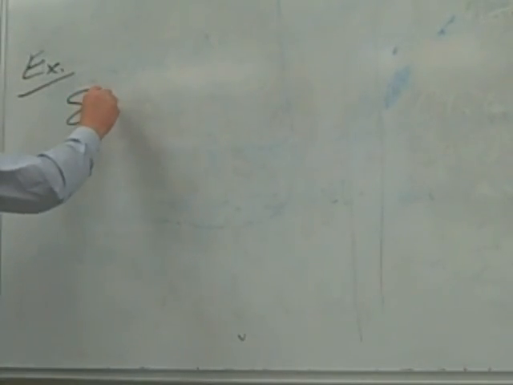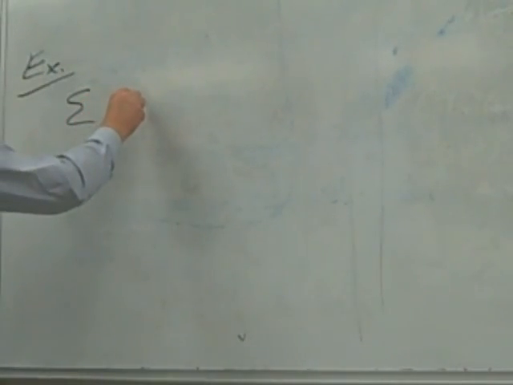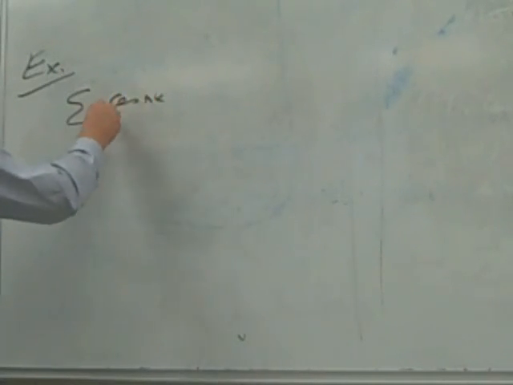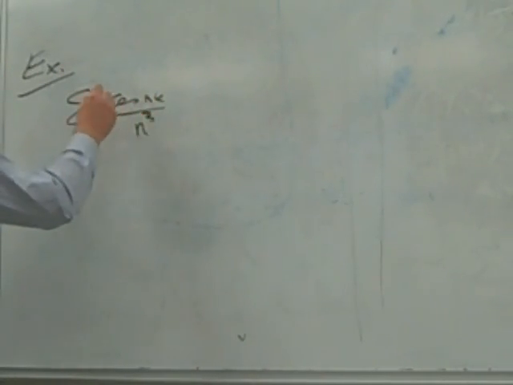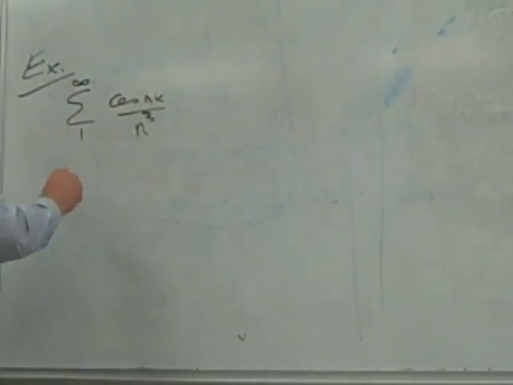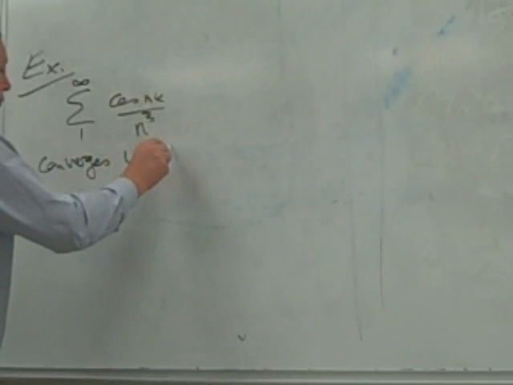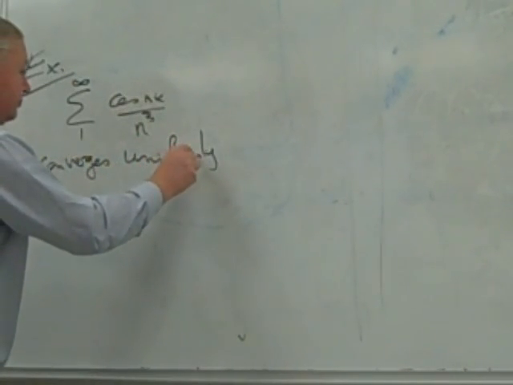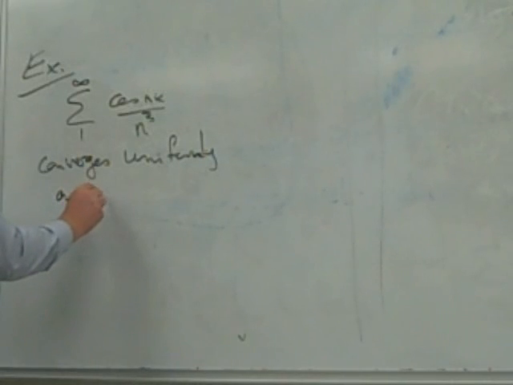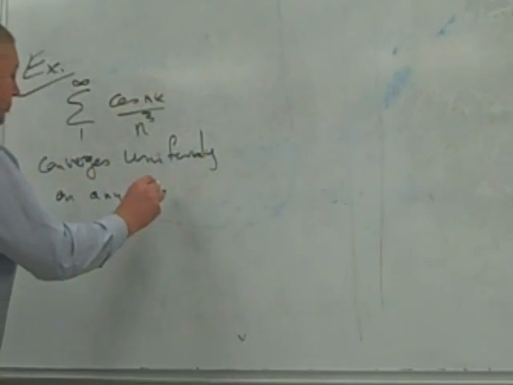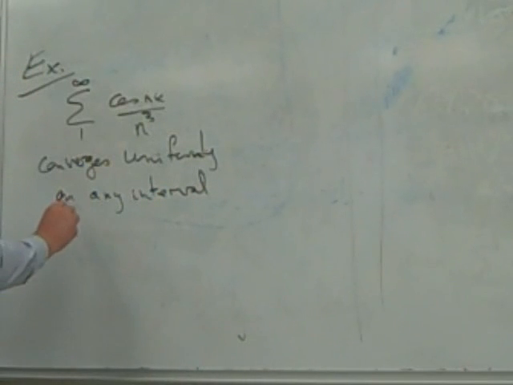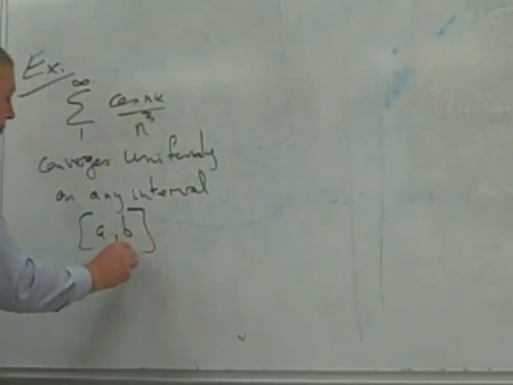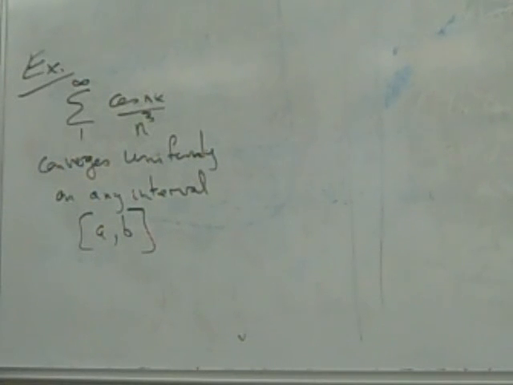Sigma cosine nx over n cubed converges uniformly on any interval AB because of the Weierstrass M-test.